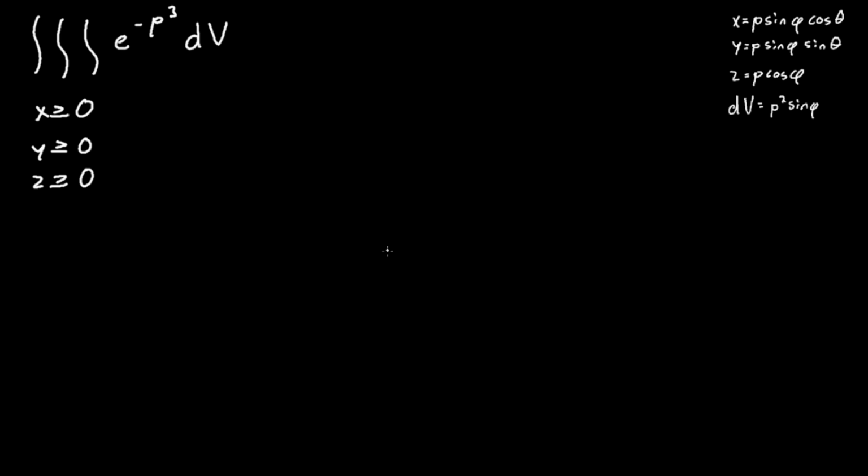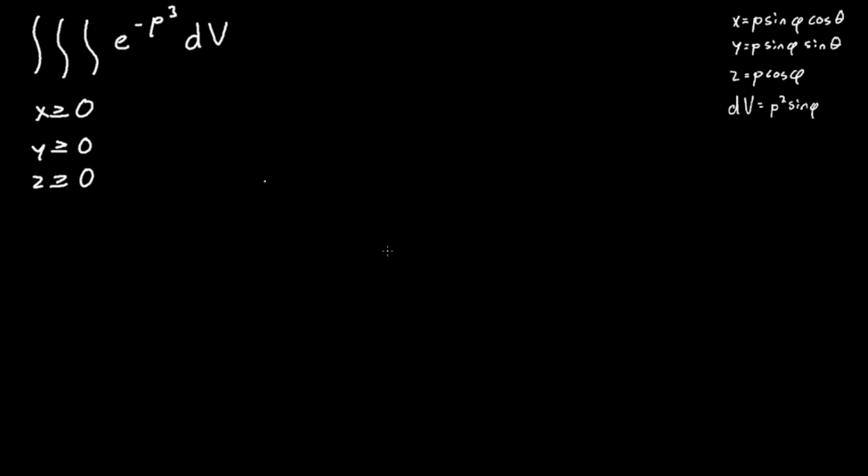We have e to the power of negative p cubed. Now, what's the issue with this? It's slightly harder because of the bounds. Our bounds are x greater than 0, y greater than 0, z greater than 0. So just the first octant is our bounds.